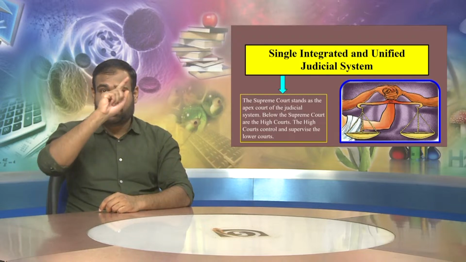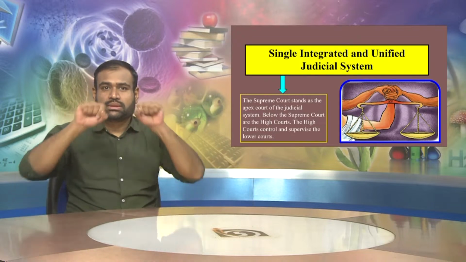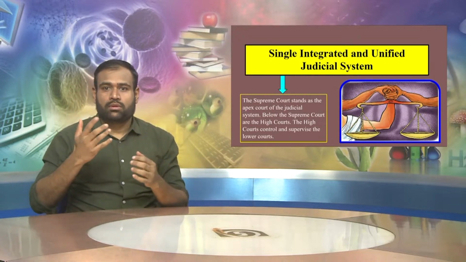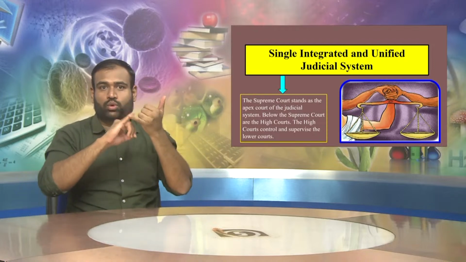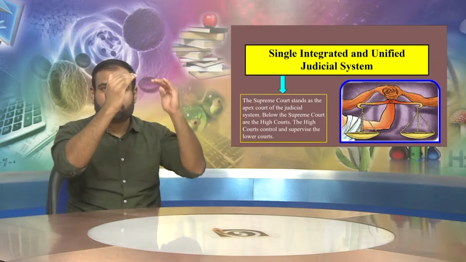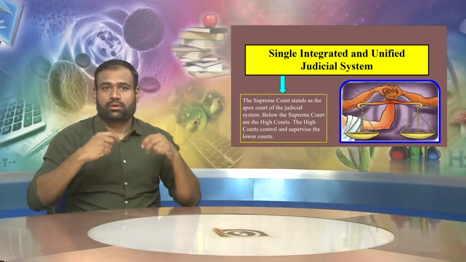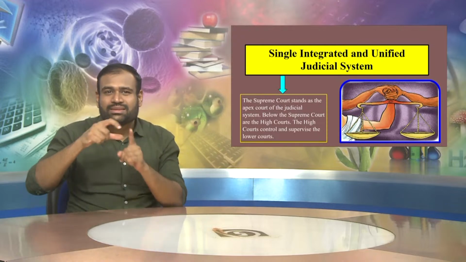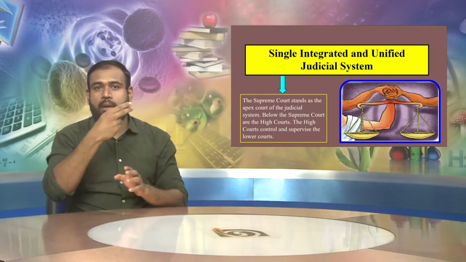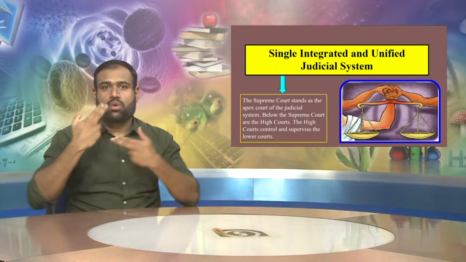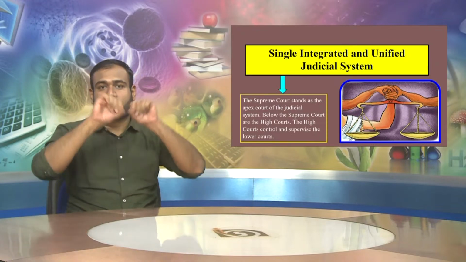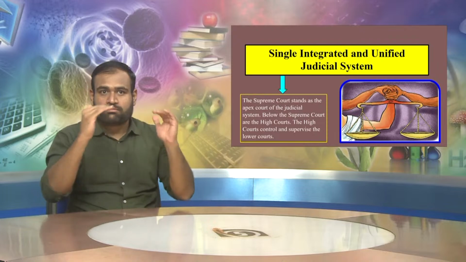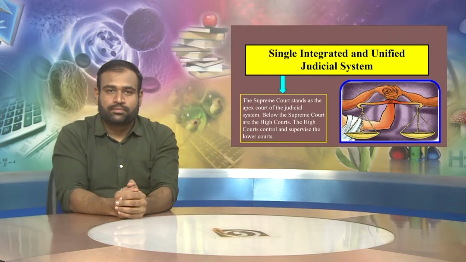As you can see in the slide, India has a single, integrated and unified judicial system. The Supreme Court stands as the apex court of the judicial system. Below the Supreme Court are the higher courts.